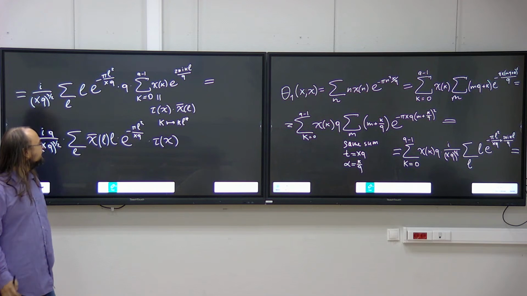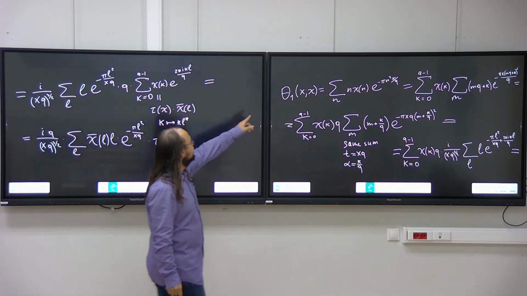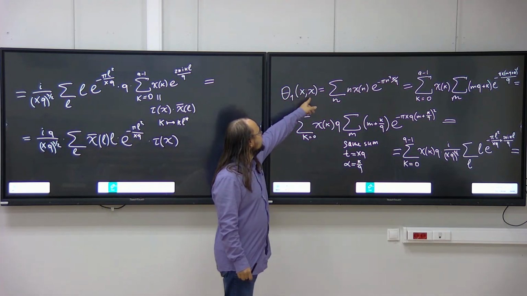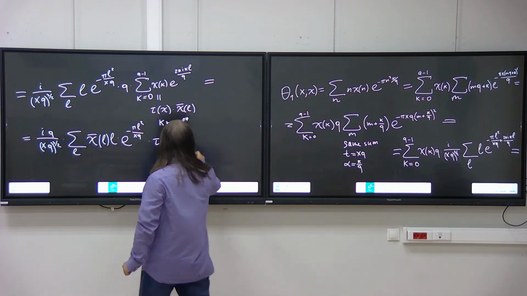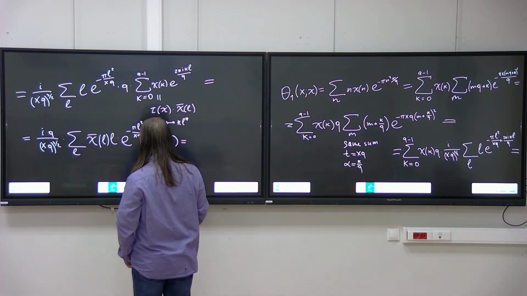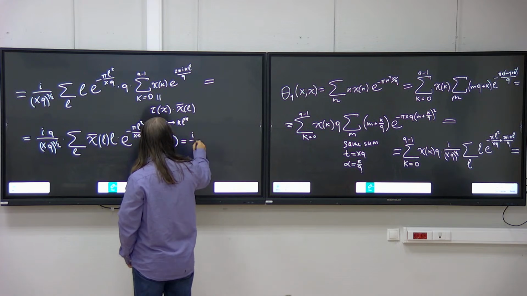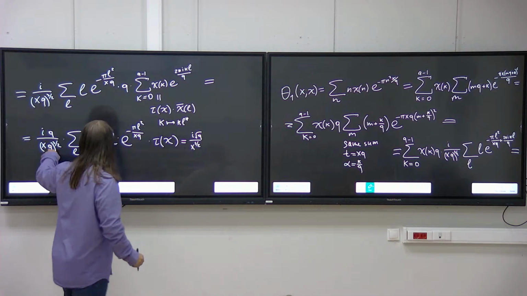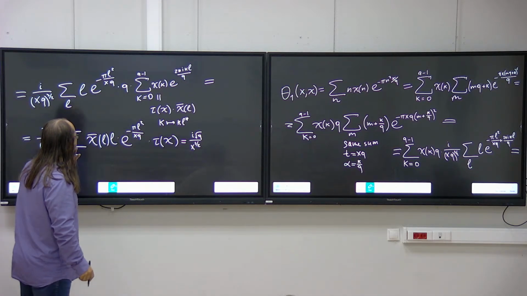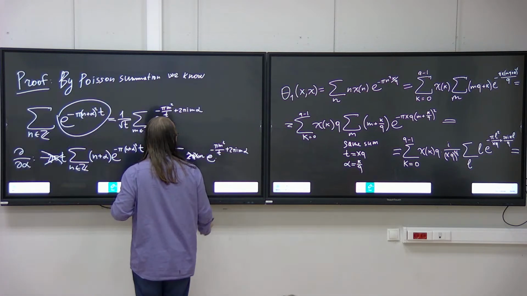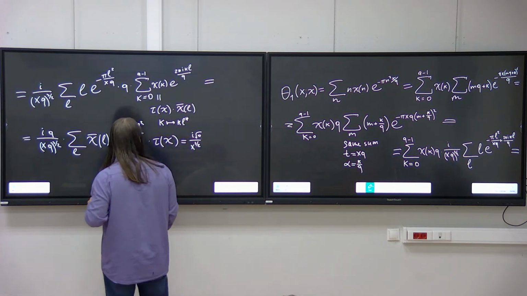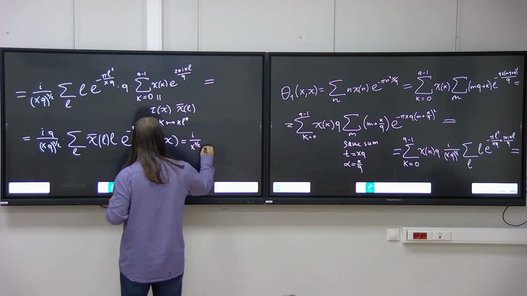So our statement now becomes that theta 1 of x chi is equal to i divided by x to the 3/2 square root of q, because it cancelled out. Oh no, sorry, square root of q should be, of course, in the denominator.